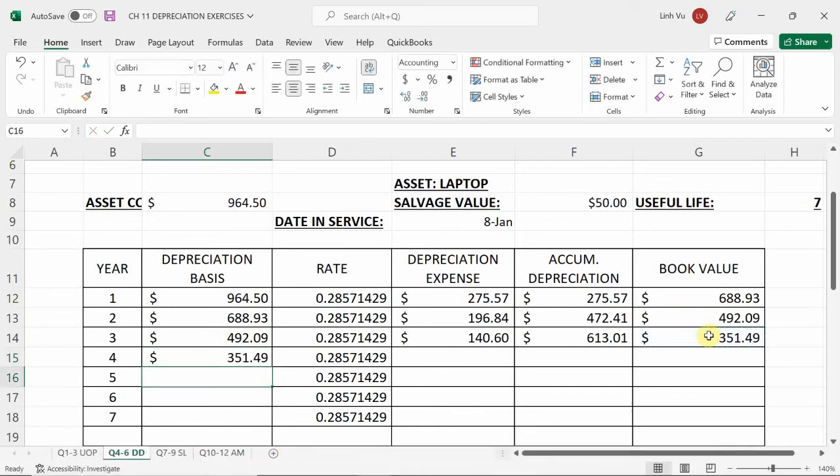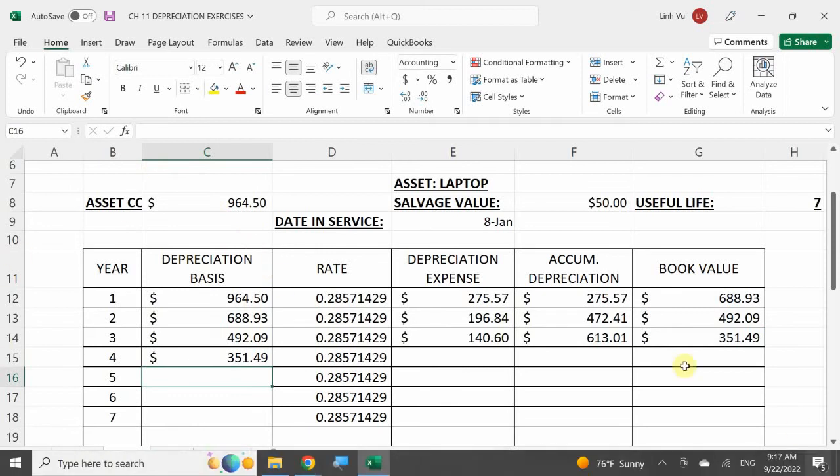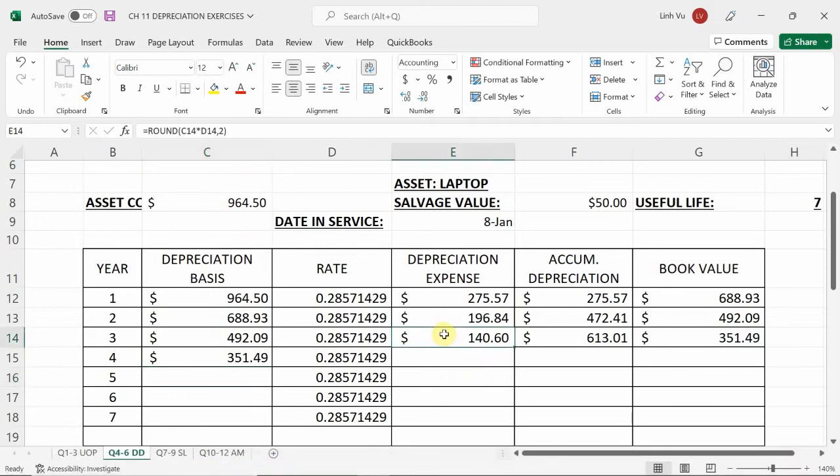So then what's my basis for year 4? 351.49. Good. Depreciation expense. $100.43. Good. Accumulated. $713.44.